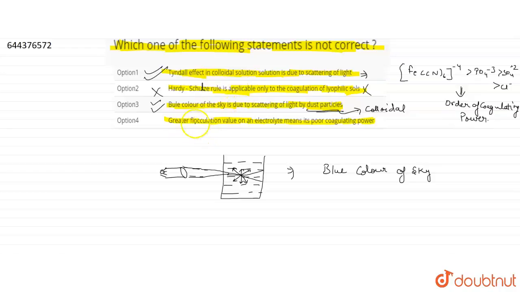Now our final option: a greater flocculation value of an electrolyte means its poor coagulating power.